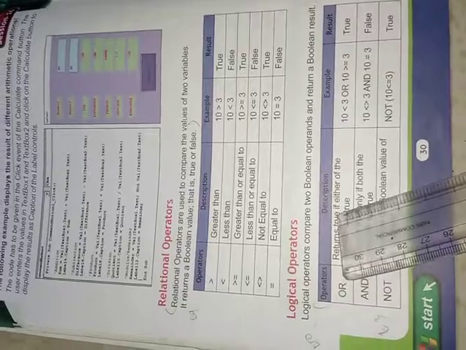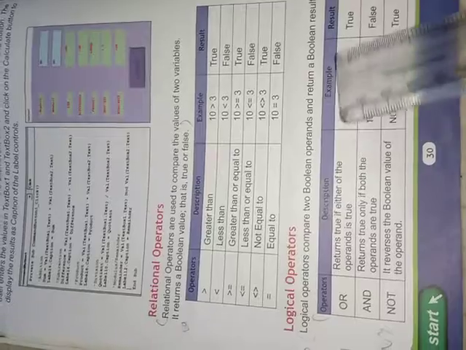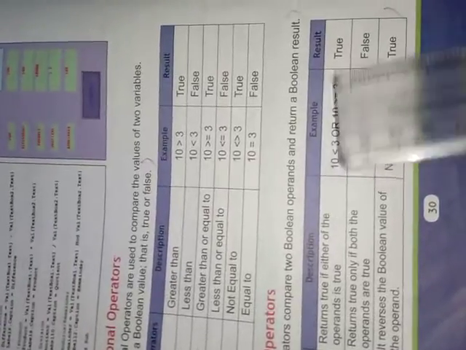OR operator results true if either of the operands is true. That means you have given two commands: 10 less than 3 or 10 greater than or equal to 3. So this is one statement and this is the second statement.